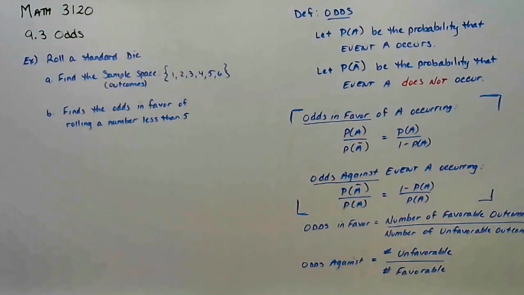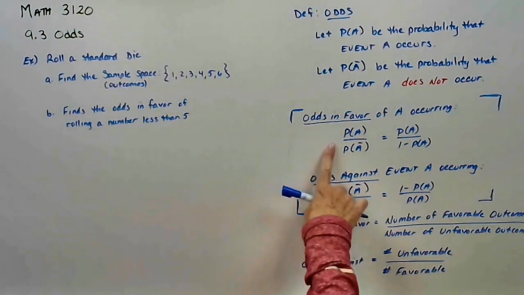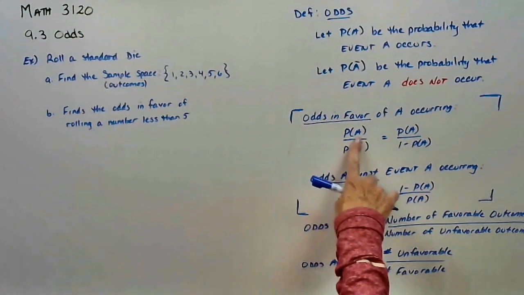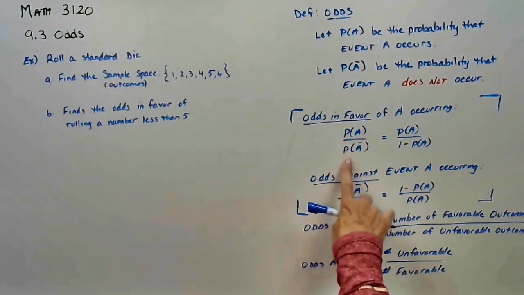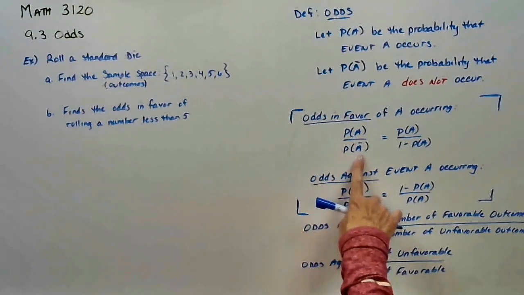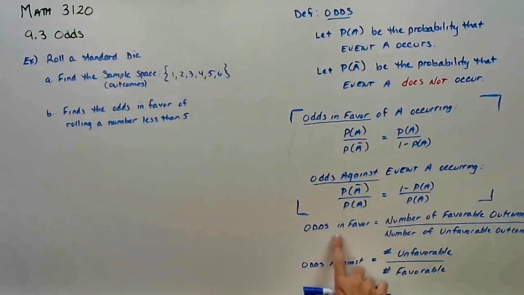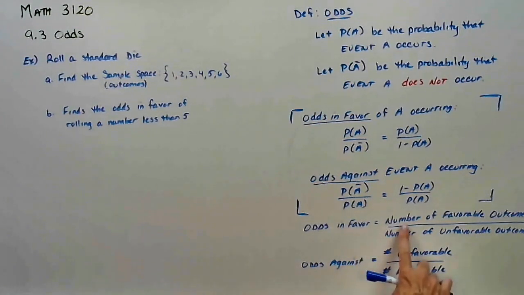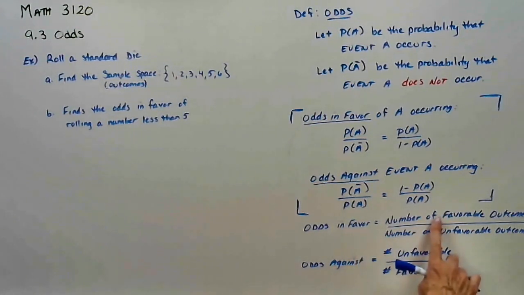Okay. So yes, I can look at the formula, the probability of rolling a number less than 5 divided by the probability of its complement. I could also look at it in terms of words. Odds in favor of rolling a number less than 5. What are the number of ways of rolling a number less than 5 divided by the number of ways that you don't roll a number less than 5?